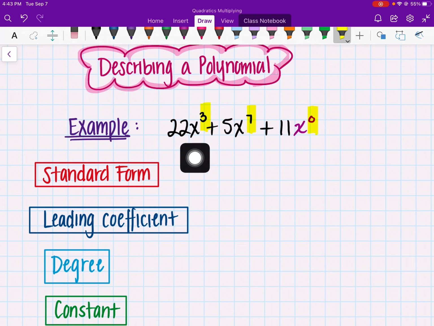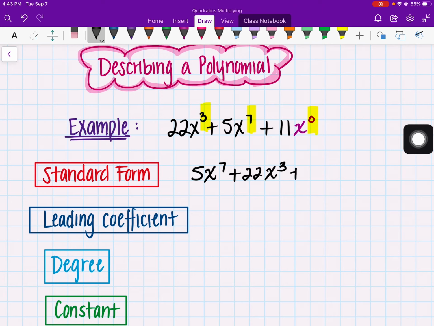So highest degree in this case out of these three terms is a 7. So that's my first term here if I'm rewriting it. And from there, it's the third, so plus 22x to the third. And the last one here would be 11. So this here, our expression is now written in standard form, from the highest degree to the lowest.